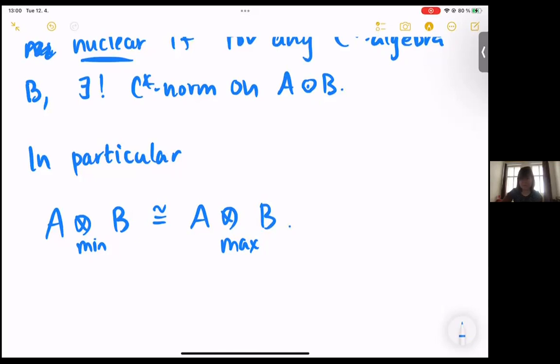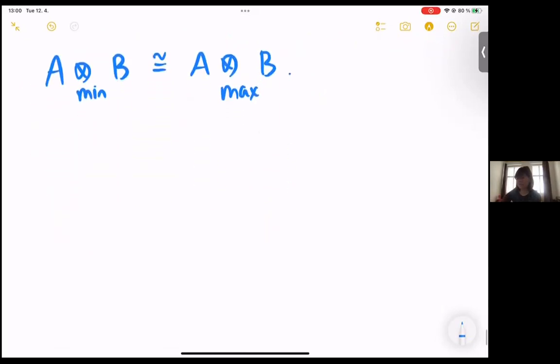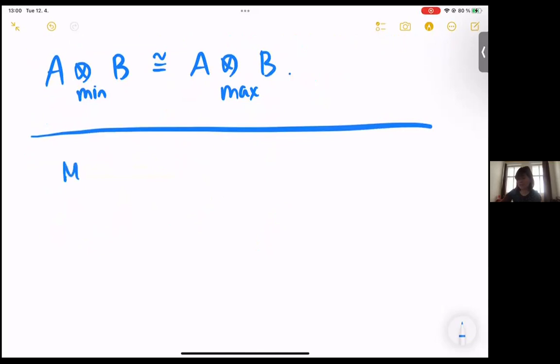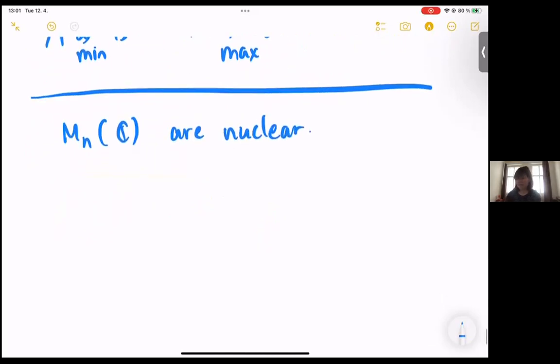So what are some examples of nuclear C-star algebras? Yes, compact operators are nuclear. More easily, it's not too difficult to see that the n by n matrices are nuclear. You can see this by taking the tensor product with any C-star algebra A, and you'll see that this is in fact already complete.